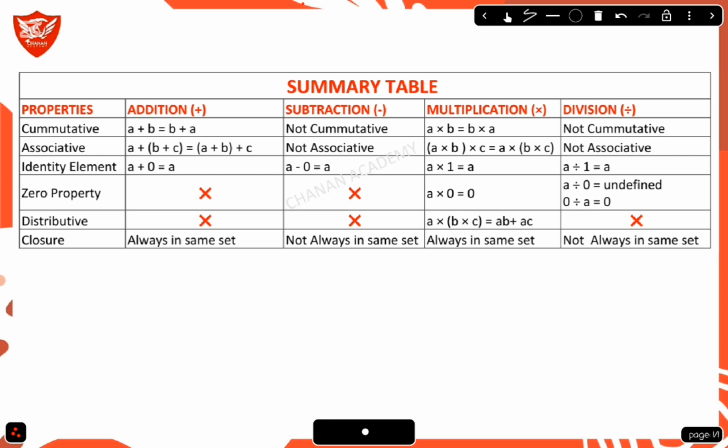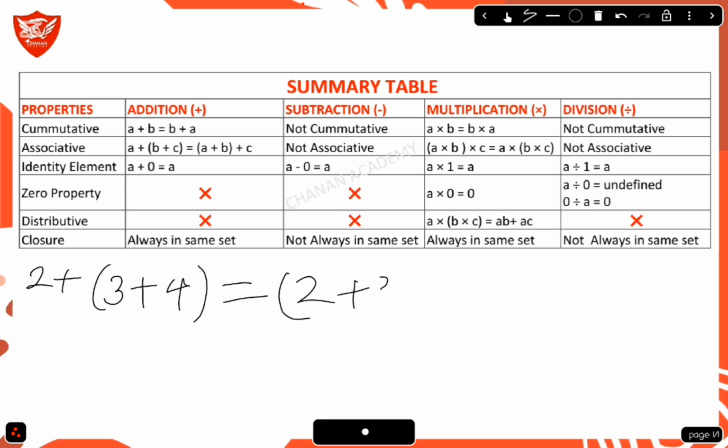The next we'll be looking at is the associative property. Let's say A is 2 plus B is 3 plus 4. Is it the same thing as 2 plus 3 plus 4?